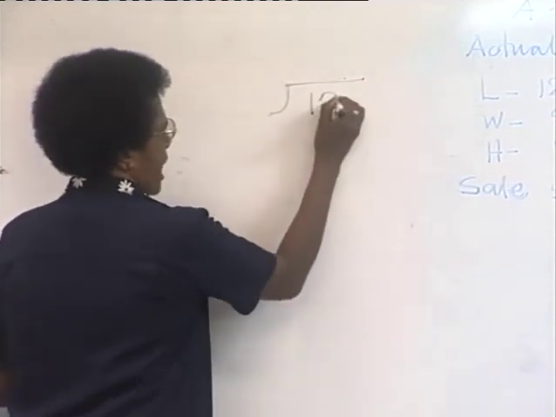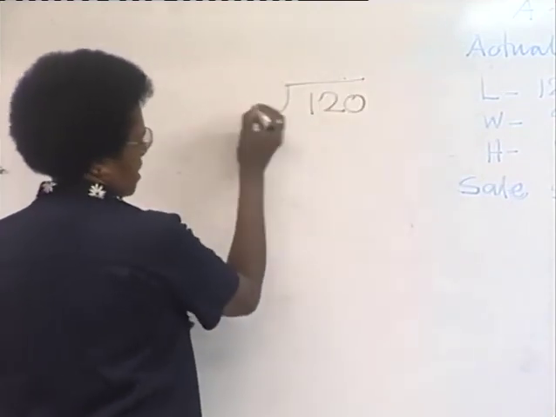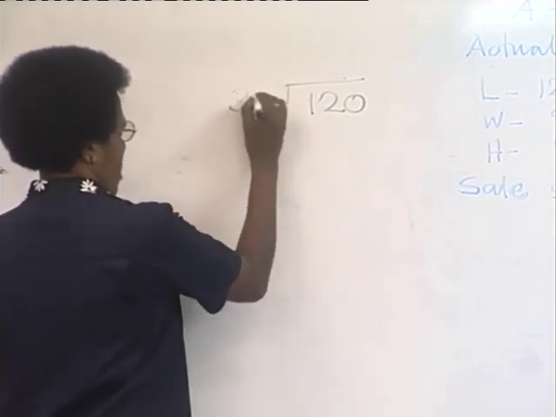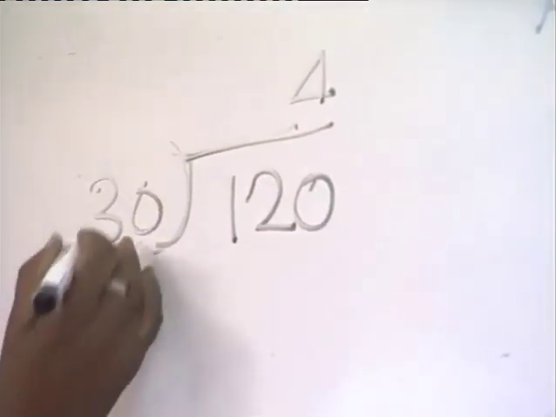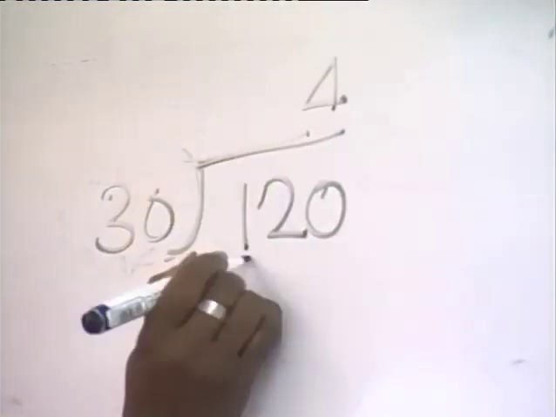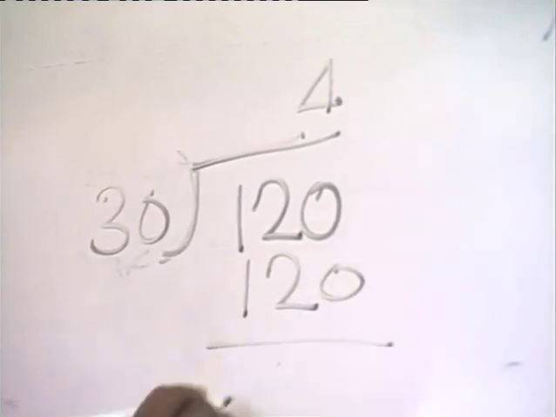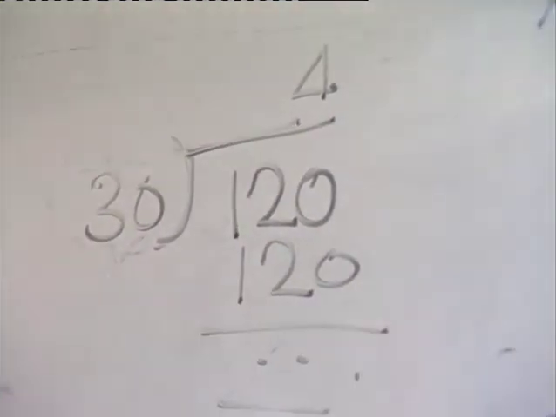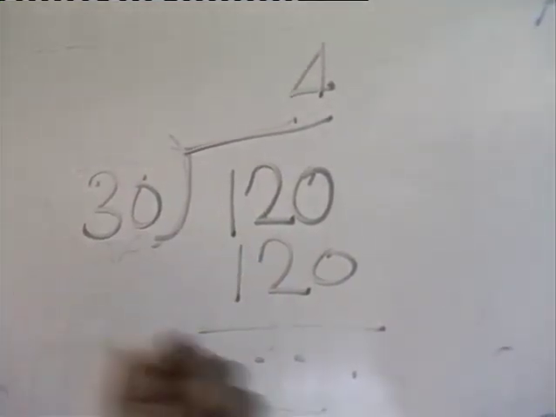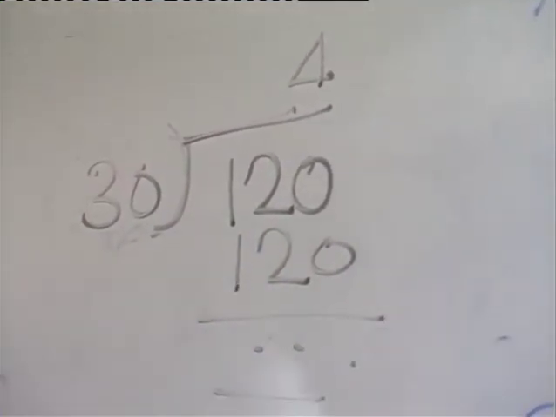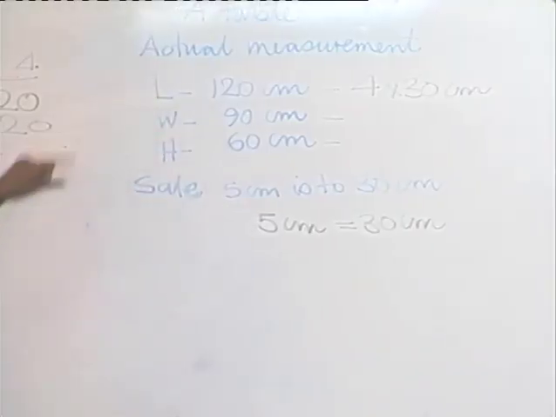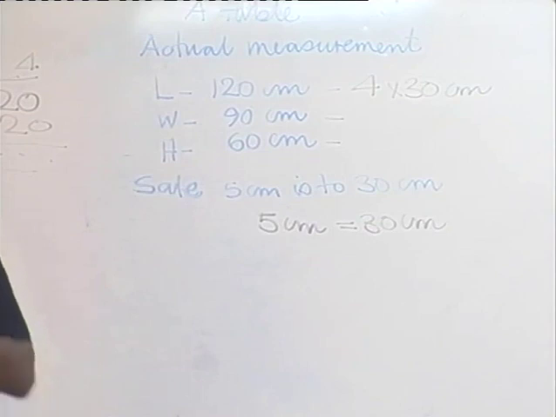Okay, divide 120 by what? 30. Okay, so we have 4. So when we multiply the 30 by 4, the answer is 120. So that is how Brendan got the answer. So we have 4 times 30 centimeters in that 120, the actual length. What about 90 centimeters? Thank you, Shane.